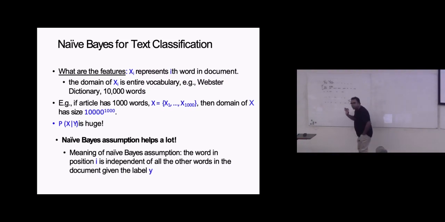Now, let's say we don't do naive Bayes, but we want to know what is the probability that the word W10, this is X10, is going to be baseball.